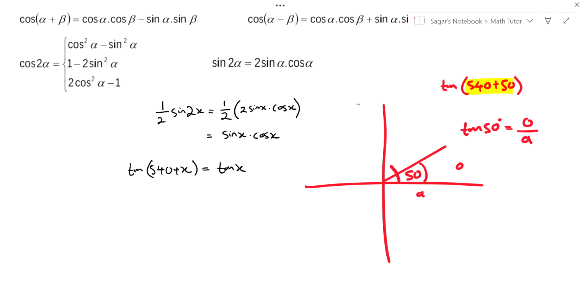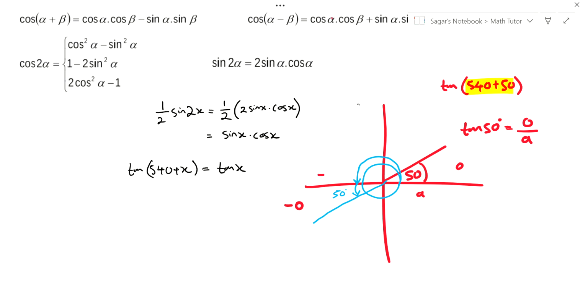The angle moves 360 and then it moves 180. That's 540. 540 plus 50 is there. So that's 50 degrees. Now we've got our opposite, negative.